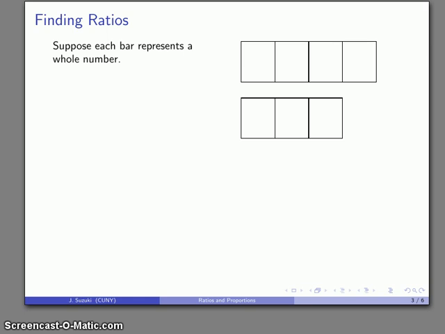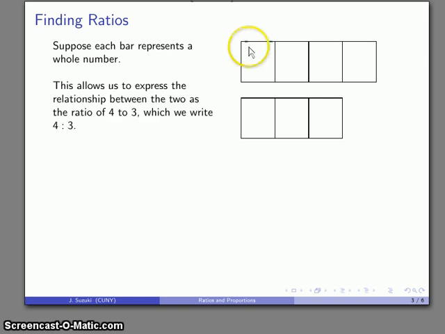It doesn't really matter, though the important thing here is that whatever each of these boxes here represents, it's the same in some quantifiable sense as what the boxes on the bottom represent. So here I have the two bars representing whole numbers, and in this case I could say that the relationship between these two is the ratio 4 to 3.